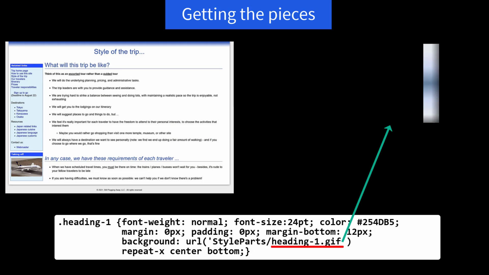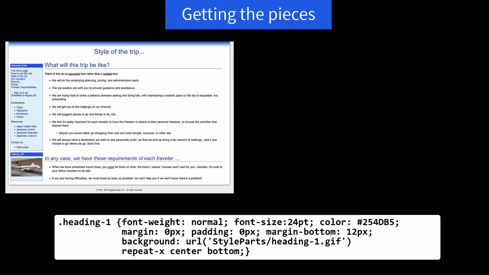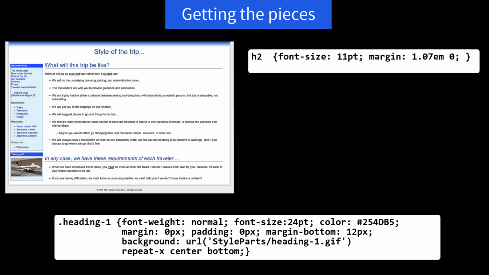Heading-1.gif is just 5 pixels high and 1 pixel wide, with medium blue center and lighter ends. Also, they specified a style for H2 elements in general this way: H2 font size 11 point, margin 1.07 0.